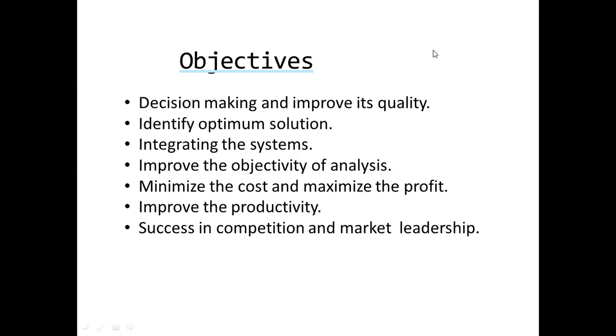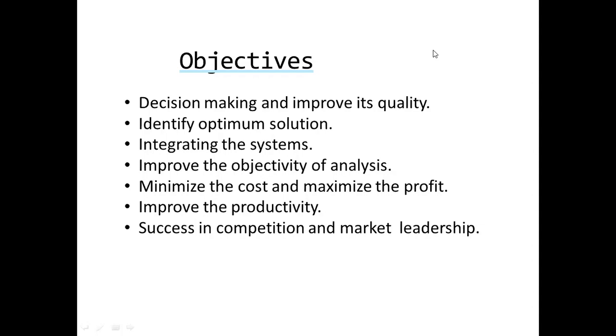We have to improve the objectivity after analysis across all parts of the organization, or industry, and also minimize the cost and maximize the profit. In every field, the first and foremost function is to minimize the cost and maximize the profit of the organization, and improve the productivity. We always have to improve the productivity and enhance the motivation of the employees so that they can work in an efficient and effective manner.